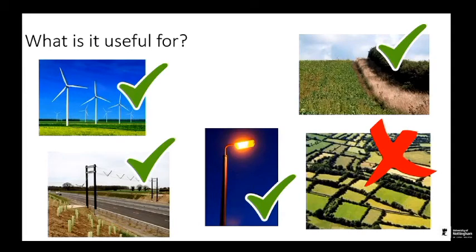Perhaps not so good for the really big landscape scale stuff. I think what you want for that is lots and lots of really cheap detectors, like AudioMoth. But it's really for this fine resolution detail that I think this is its application.